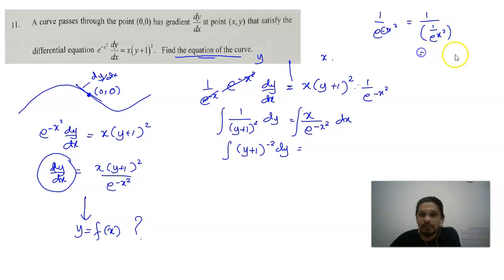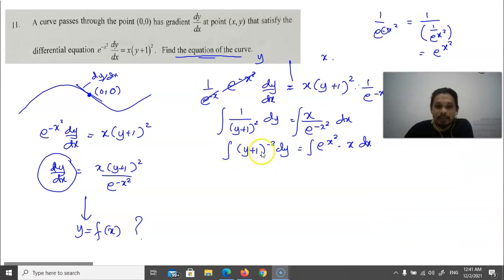So simplify this, turn this upside down, and we come up with e to the power of x squared divided by 1. Then simplify this: e to the power of x squared multiplied with x dx.